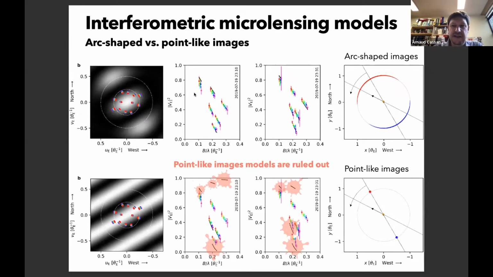So here is one of the results of the fit. If you assume that the images are arc-shaped, which is what we expect from the microlensing event, then you see that you can fit all the visibilities.